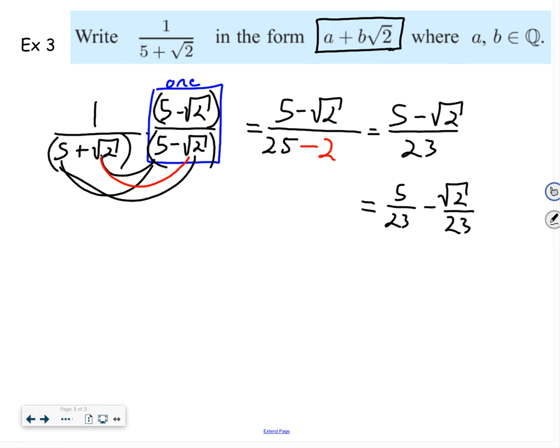Now my a value is 5 over 23, and I can write this as negative 1 over 23 as my b value times the square root of 2. Notice that my a is rational and my b is rational.